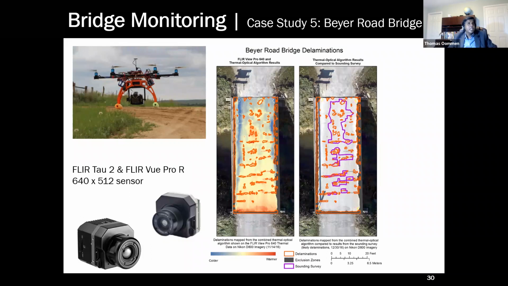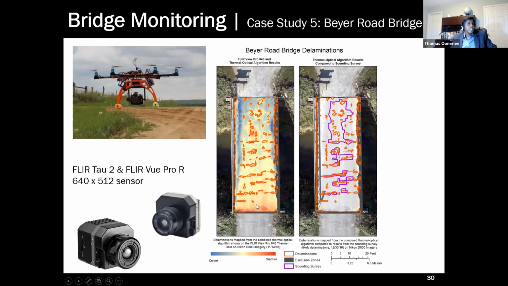We image it early in the morning before it is warm, and then we image it by around 11 a.m. when there is some heating of the bridge. And what we calculate is we estimate the change in temperature. And this change in temperature is a function of the density of the material and the material characteristics, the subsurface characteristics, how the material would heat up.